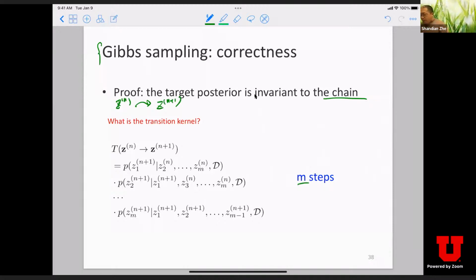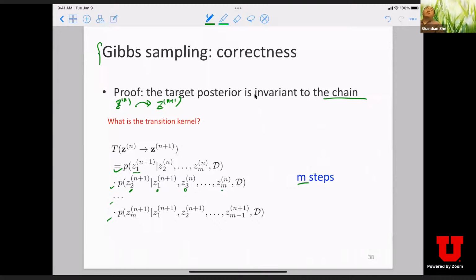So that means we can write down our transition kernel as a multiplication of m conditional probabilities. The first one is the conditional probability to sample Z1 n plus 1, conditional on all old variables Z1n to Zmn. The second conditional probability conditions on Z1 n plus 1 and Z3n to Zmn to sample Z2 n plus 1.